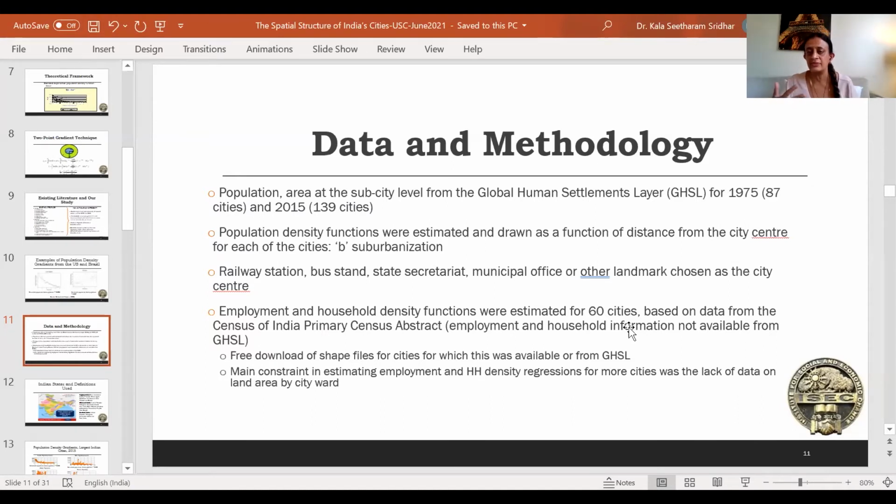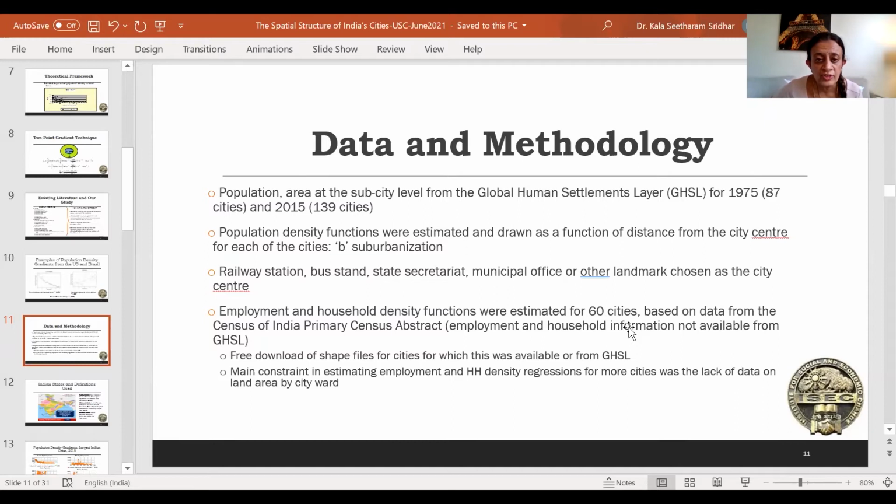This 1975 work is not yet complete, so that's still going on. But as of now, about 350 regressions we have estimated, taking into account population, employment, and household density gradients, for both years, wherever the data were available.